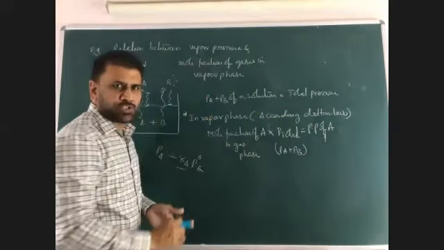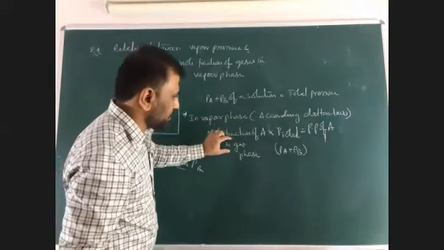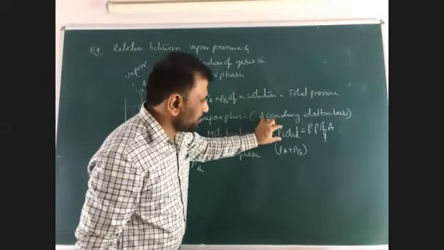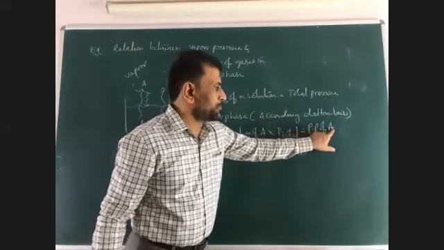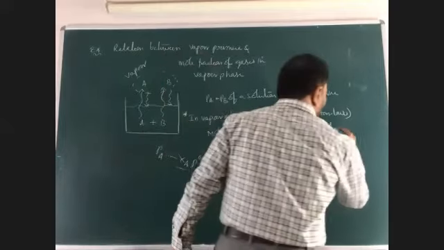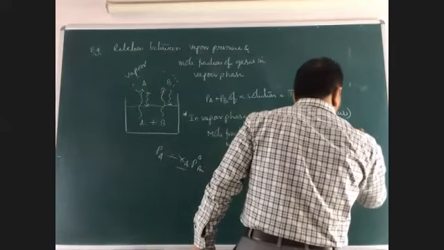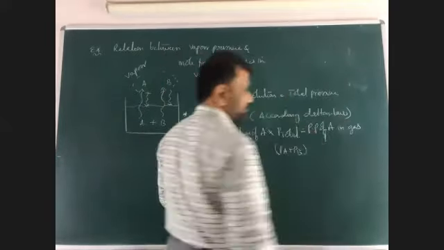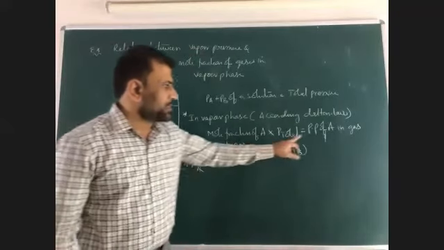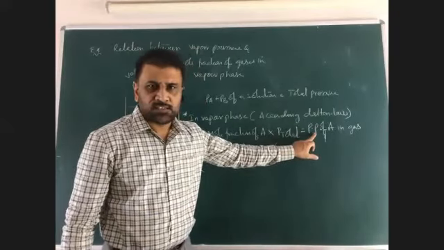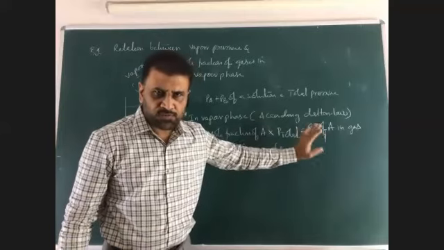That is to be understood. Mole fraction of A in gaseous phase into total pressure, PA plus PB, is equal to partial pressure of A in gaseous state. So partial pressure can be calculated like this. This is from Raoult's law.